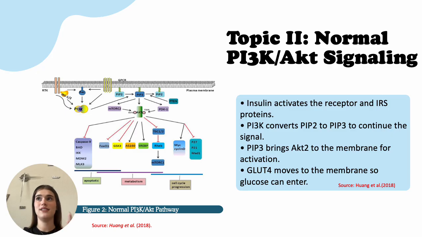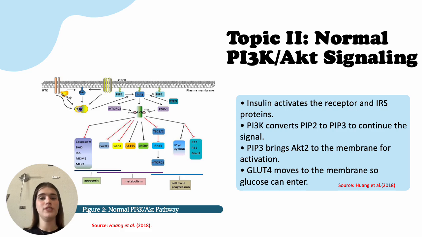Then PI3K converts a lipid called PIP2 into PIP3. PIP3 is important because it brings AKT2 to the membrane so that it can turn on. Once AKT2 turns on, it helps the cell move GLUT4 to the surface.